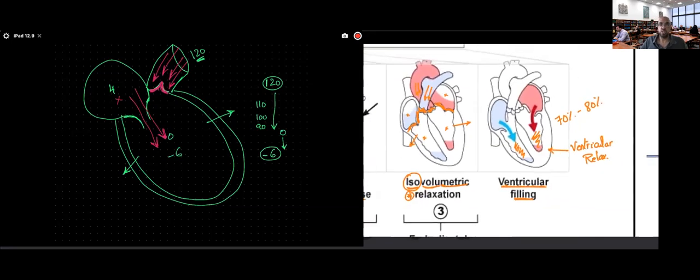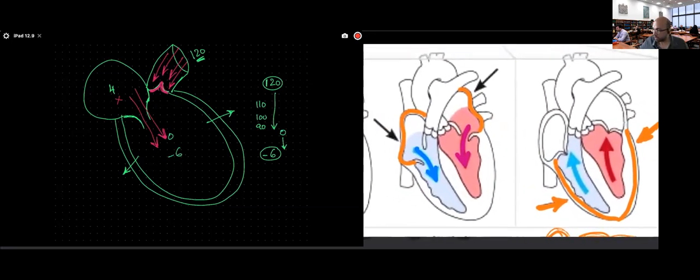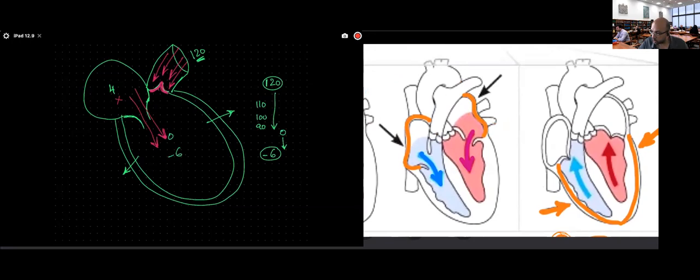How about the remaining 20 to 30%? This is the amount of blood that will be squeezed down by the atrial contraction.